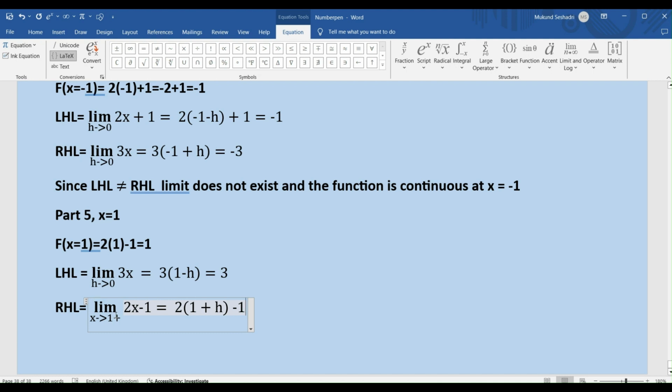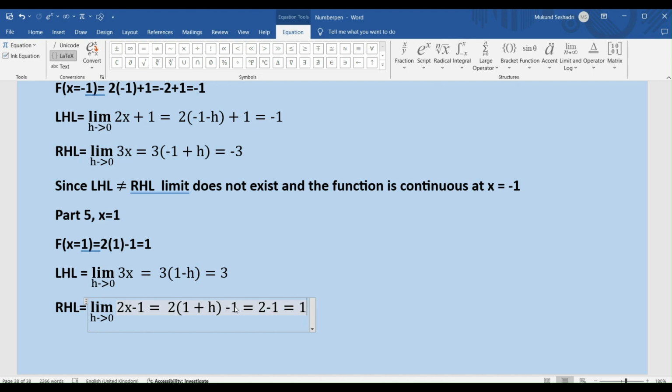And what is h? H is infinitesimally small, which means that h tends to 0. And I will have to rewrite this as 2 into 1 plus h, h is 0. So 2 minus 1, which is equal to 1, right? So here we have our f of x equal to 1, and then we have our LHL, which is 3, and then we have our RHL, which is 1, right?